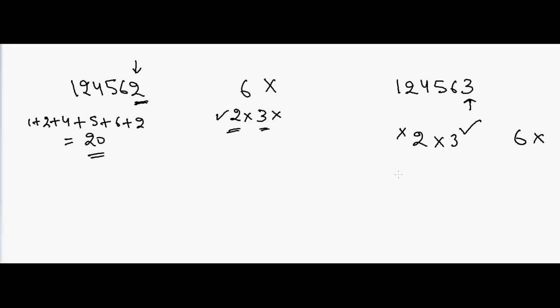Another modification is to use 1 2 4 5 6 6. This is even, and the sum is still divisible by 3. It passes the test both for 2 and 3, so it should be divisible by 6. That's how we do the test for divisibility by 6.